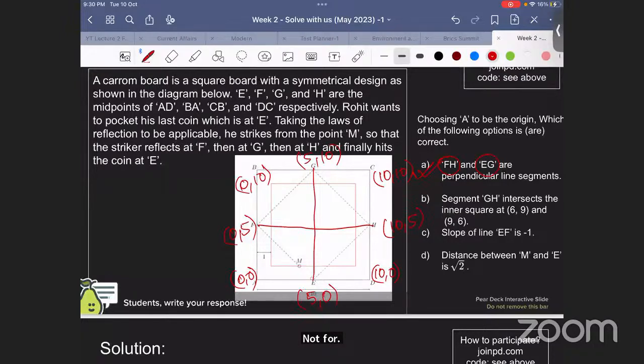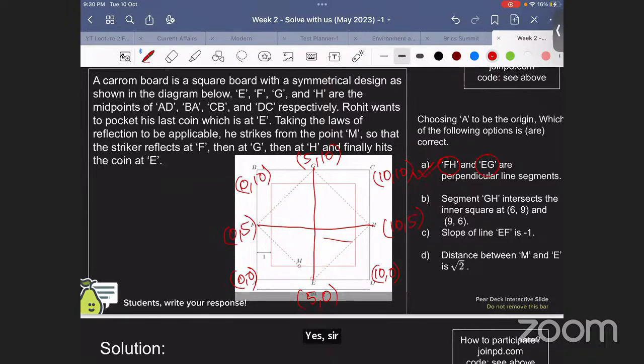If you have a doubt, you have an equation of this line and an equation of this line, check it. This is parallel to the x-axis, and this is parallel to the y-axis. So both are perpendicular to each other.